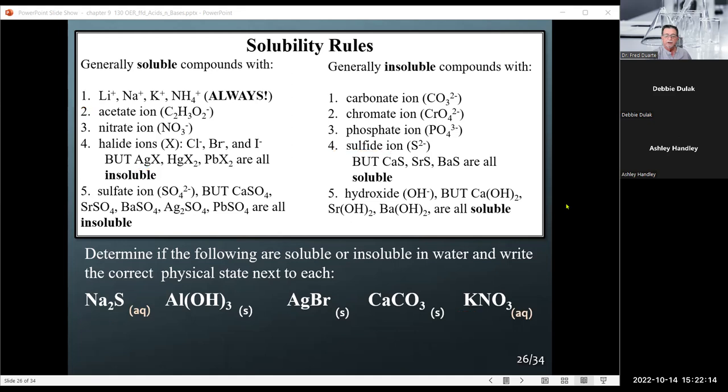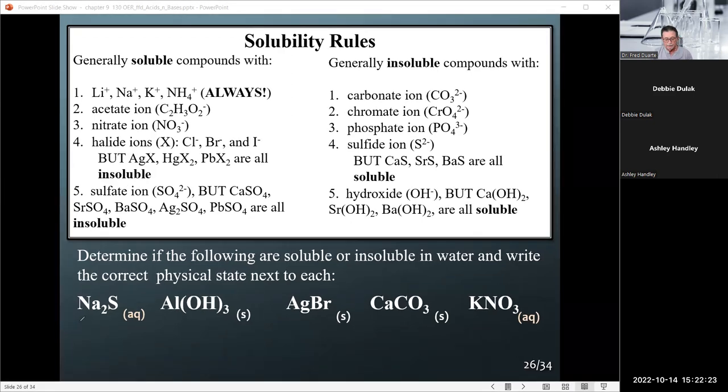With that being defined, you can, if necessary, draw these beaker diagrams where you have all the sodium in solution and the sulfide. For the aluminum hydroxide, I would have the bulk of it down here and then one set of aluminum hydroxide in solution.